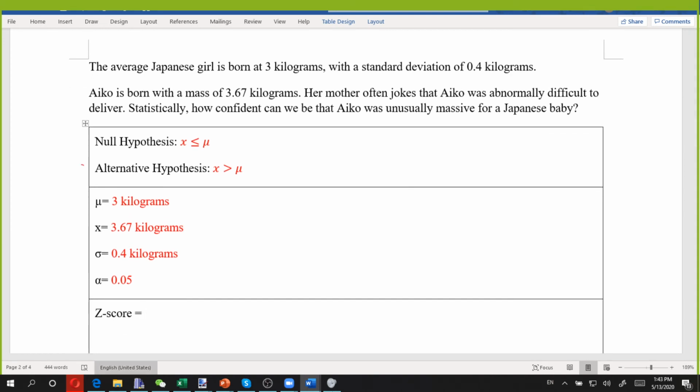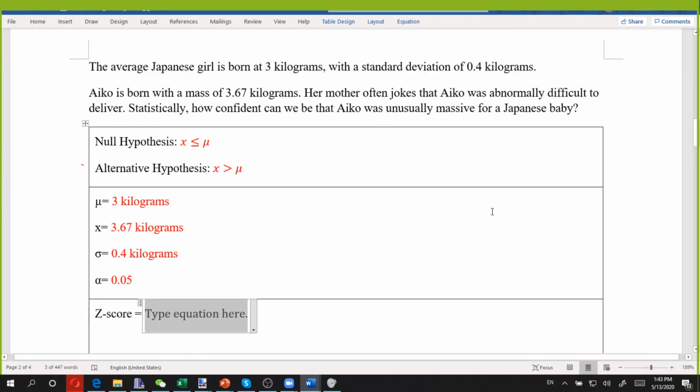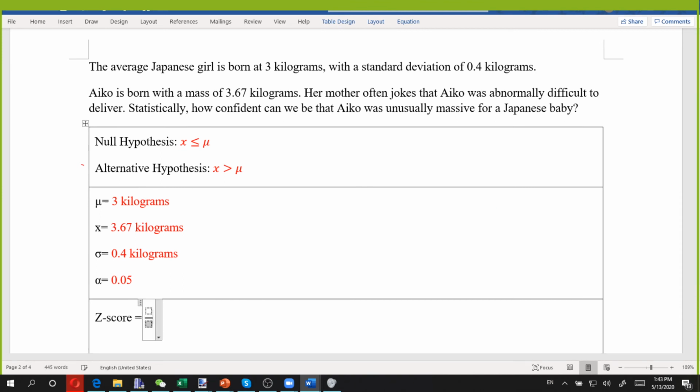Okay, over to Kelly. Kelly, how can I get our z-score? 3.67 minus 3 over 0.4. Okay, so that's 3.67 minus 3 over 0.4.